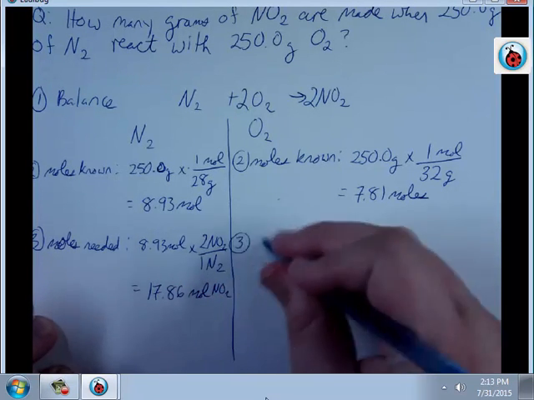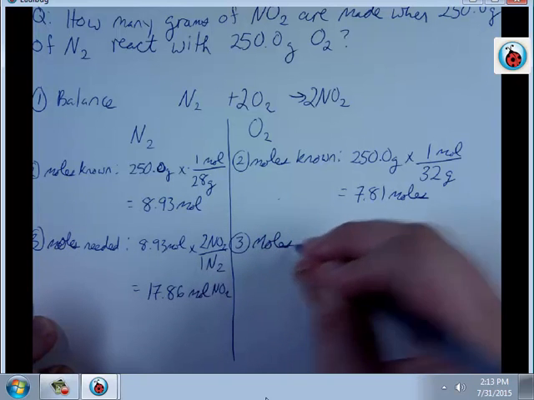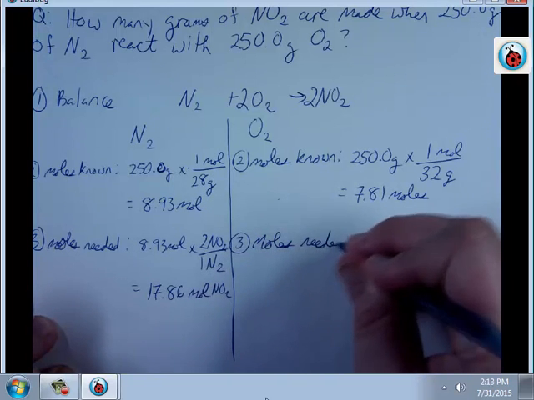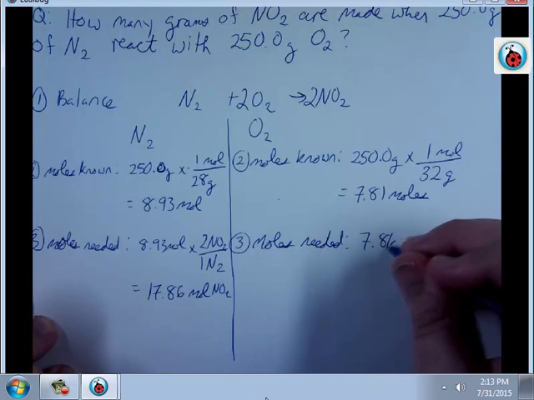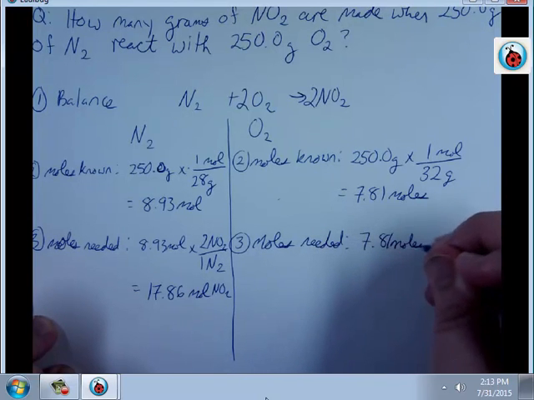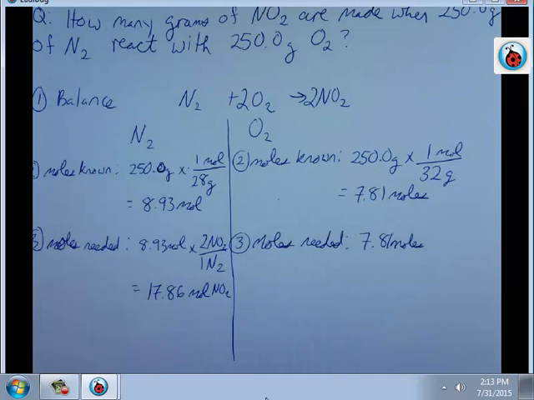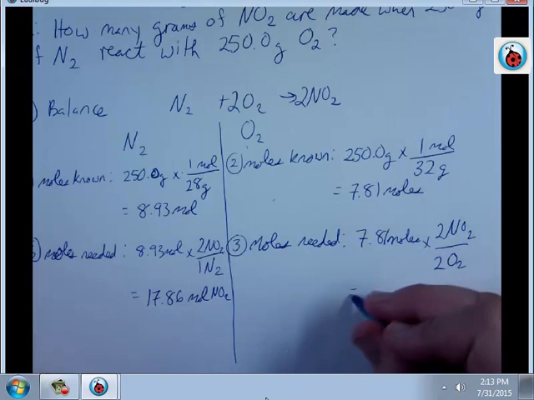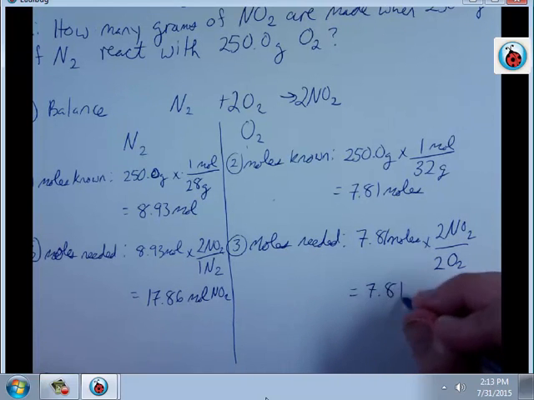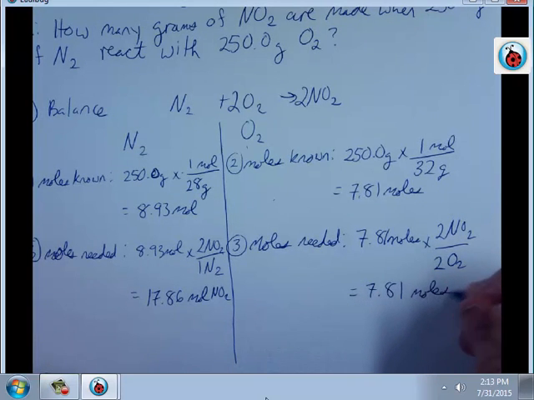And if I do moles needed here, 7.81 moles. Now this is the part where you have to be careful. Now I'm looking at O2. So it's 2 NO2 for every 2 O2, which in this case means I get 7.81 moles of O2.